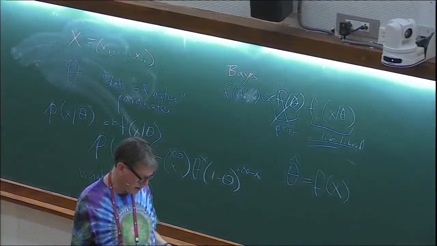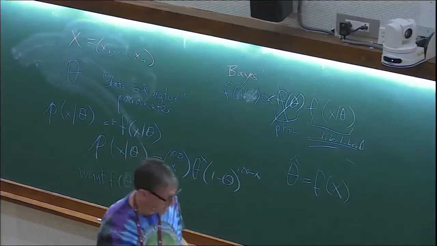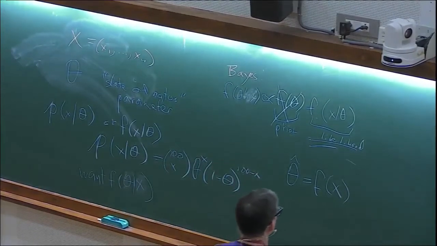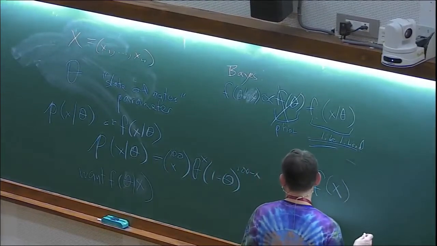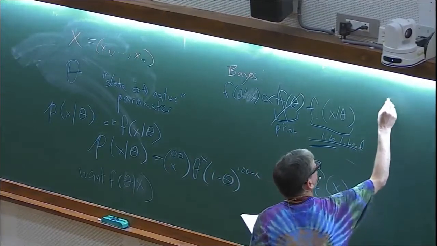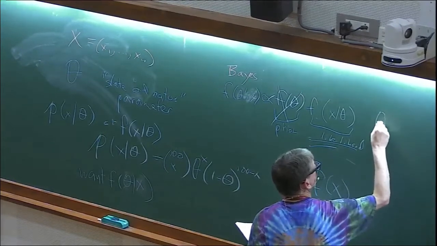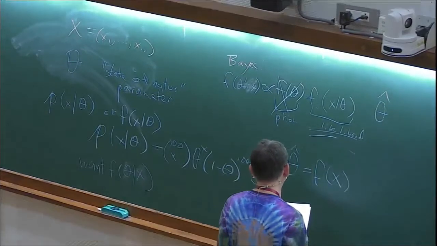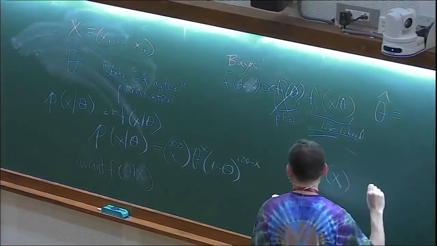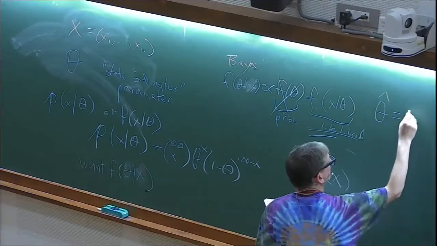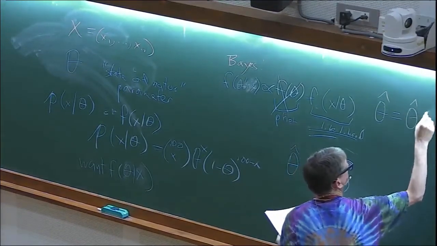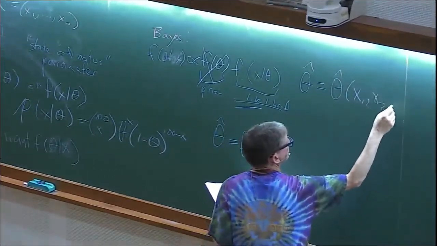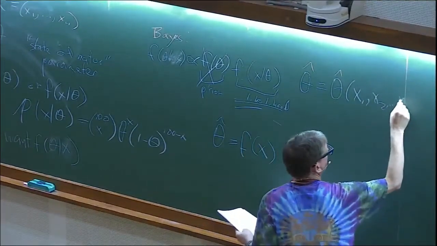And essentially, what that means is that theta hat depends on x, and theta hat essentially is a function of the data. Okay, so theta hat is a function of x1, x2, xn.